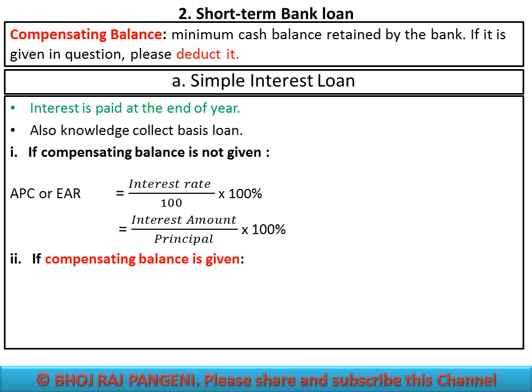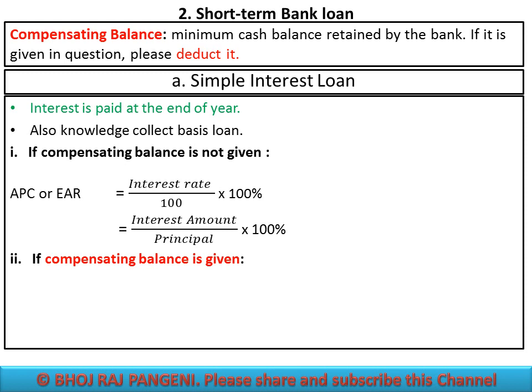And number 2, if compensating balance is given, deduct it. Deduct from where? From APC or EAR, both. Interest rate divided by 100 minus CB rate. Have a look, the CB rate is deducted from 100.